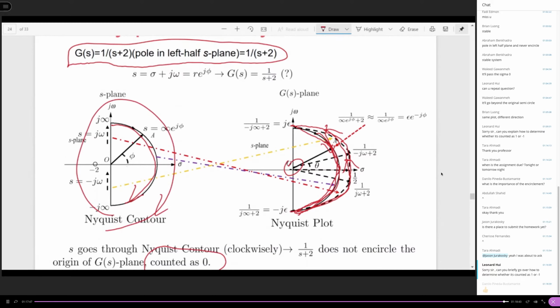And then when you evaluate the encirclement on the G(s) plane around the origin, you should also look at it this way. If it is clockwise, positive 1. Counterclockwise, negative 1. No encirclement, like this one, 0.